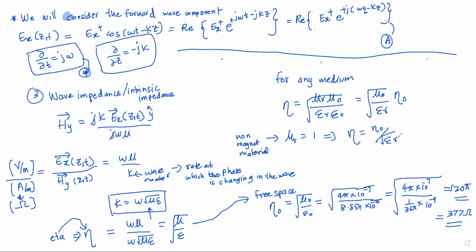So only the value of epsilon r will affect the intrinsic impedance value. Anyway, the intrinsic impedance value should be in terms of ohms. Right? So those are the things related to wave impedance.